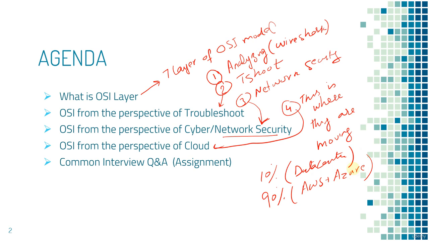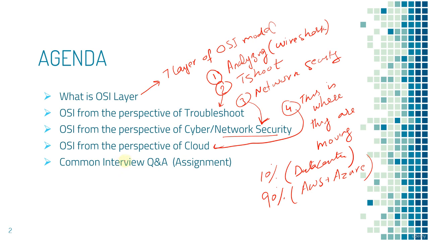So as you can see, four major topics: one, analyzing with Wireshark; second, troubleshooting; third, network security; and fourth, cloud. Because as I said, the JSS wants to make you prepare for the future. Last but not least, common interview questions and answers.